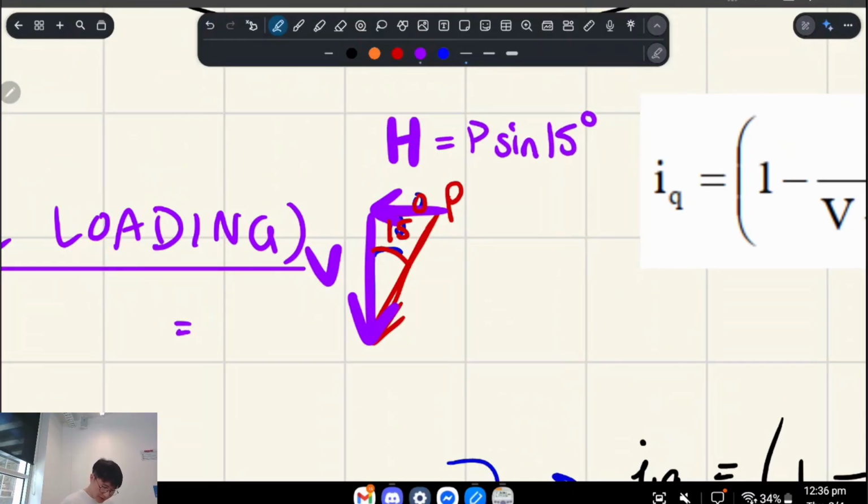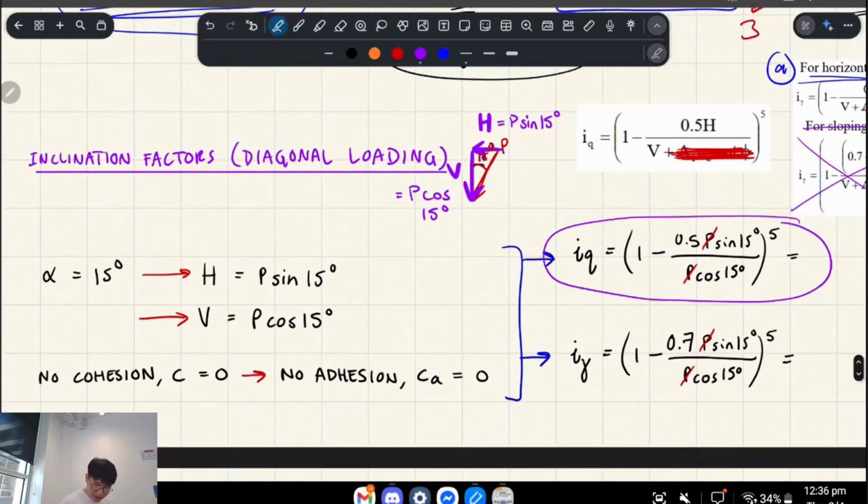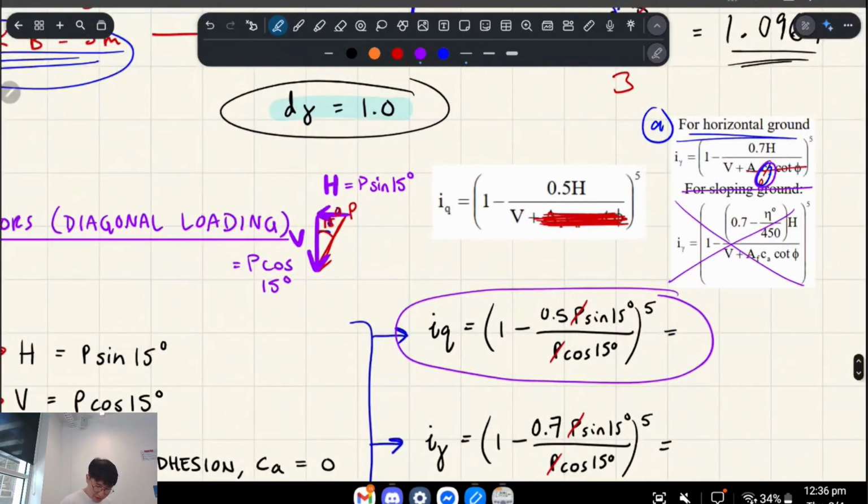Our vertical component is the adjacent side, which is cos 15. So our formula just comes down to this, and when you don't have any adhesion, these force values cancel out with each other within this formula, and then we can get an I value of 0.487. Okay?